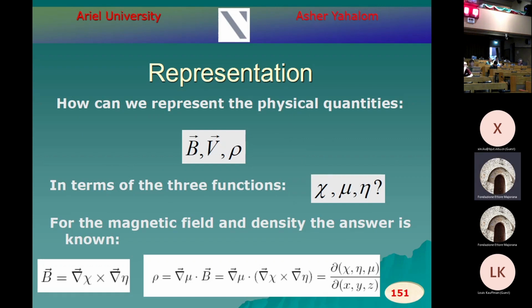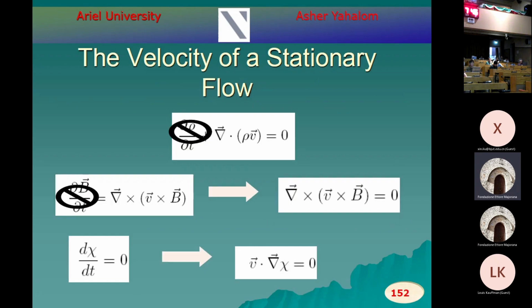Okay, so here is the question: how can we represent the physical quantities B, magnetic field velocity and density, in terms of the 3 functions chi, mu, and eta? And of course, we answered those questions for B and rho. B is a Sakurai, rho is a Jacobian. What about V?